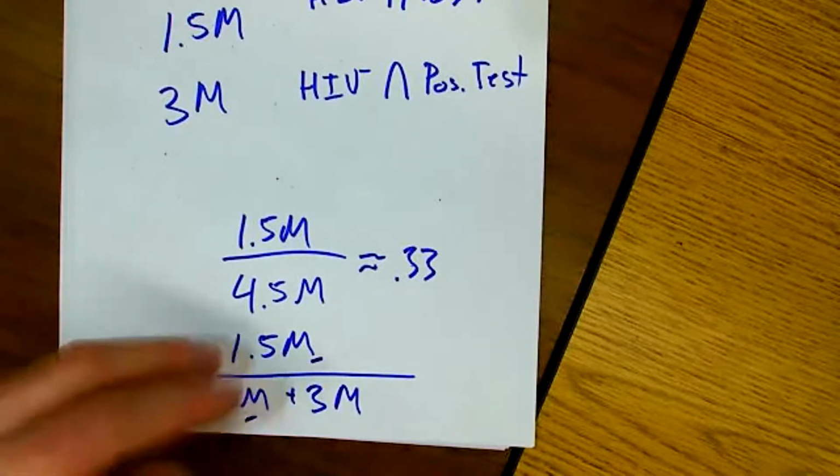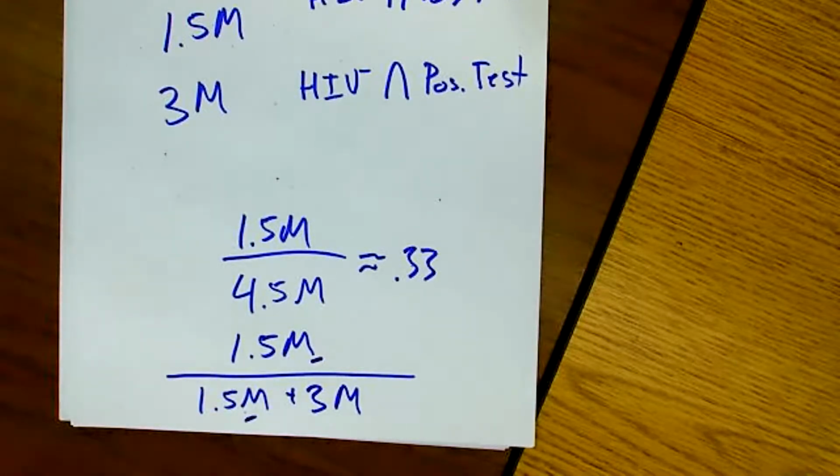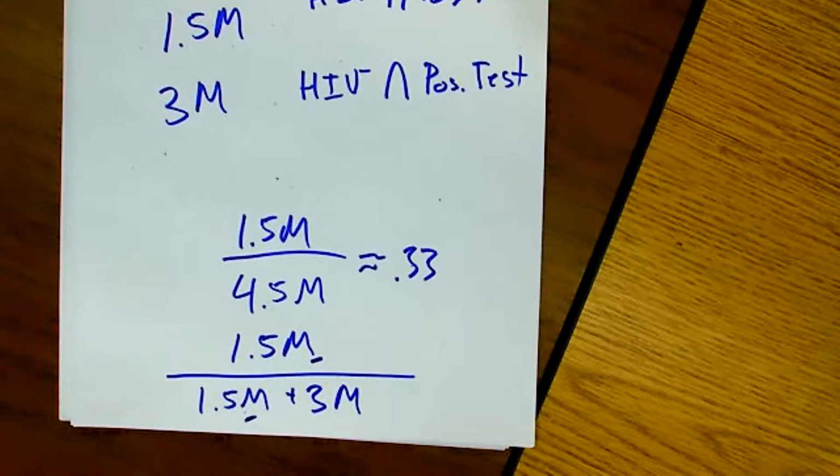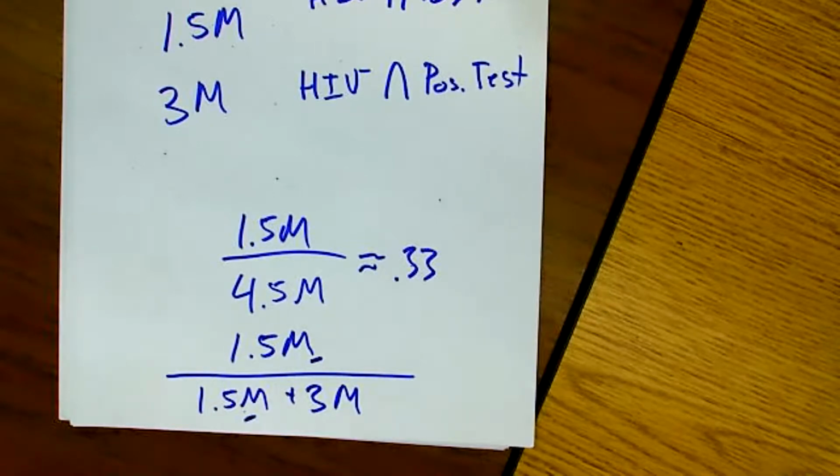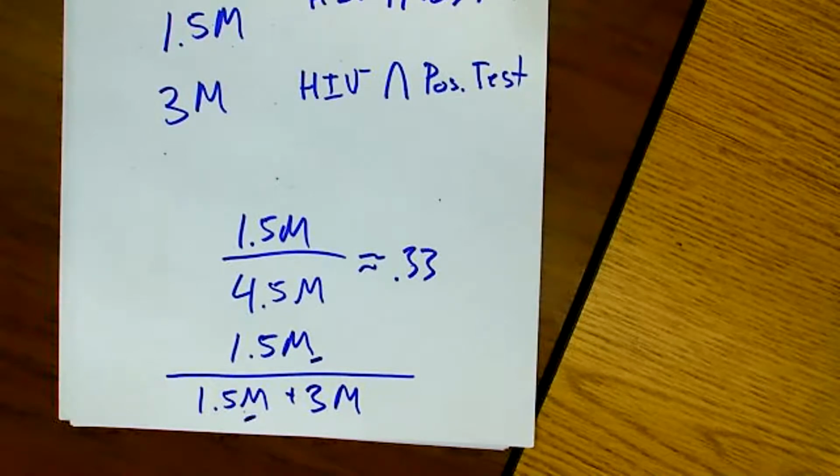That's why we're really thinking about, out of the people that get a positive test result, what proportion of them actually would have the disease, okay? So you can think about these as frequencies, and I think sometimes that makes it click a little bit better. Any questions on this before we keep moving? Okay with this?